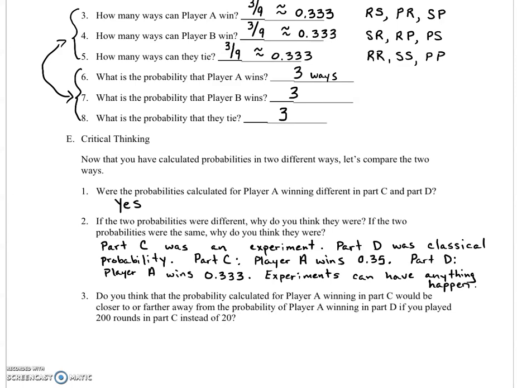However, because actually doing an experiment means we're subjected to the real world and crazy things can happen, it is entirely possible that we could flip a coin 100 times and get 100 heads. So that's what we need to know here, is the difference between experimental and classical probabilities.